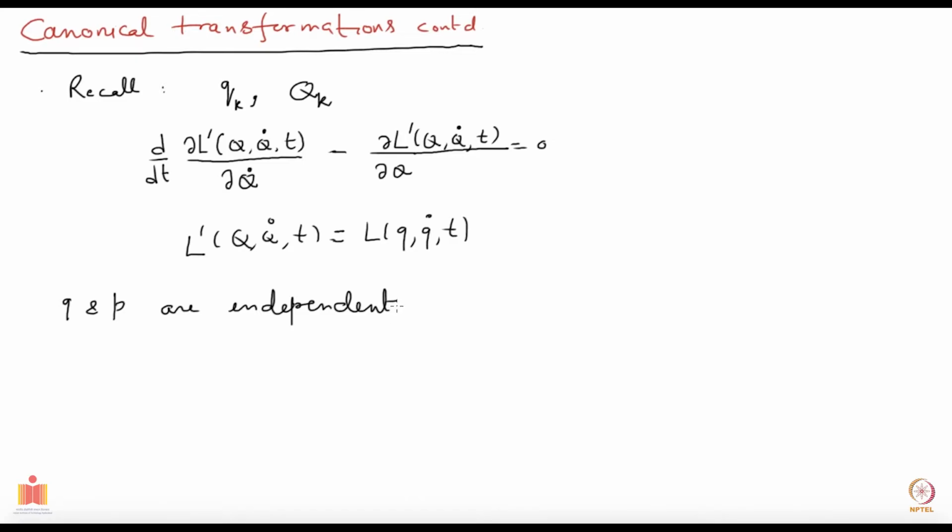If I don't find this set a good set, and for some reason I find another set capital Q a good set, then I can do a transformation from small q to capital Q. I can do the same thing here, of course, but not only that, I can go from small q's to capital Q's, I can also independently take the p's to some other capital P's. Just do a general transformation.